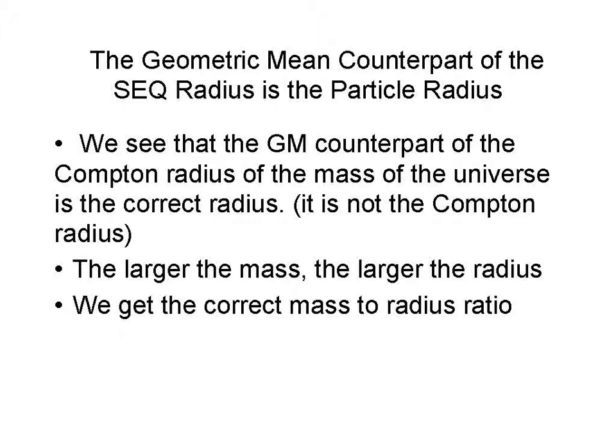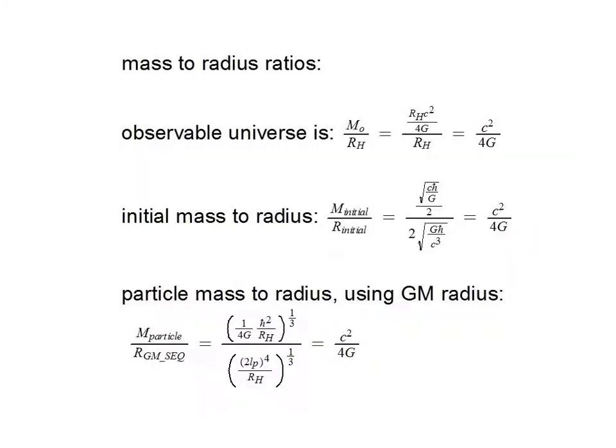And in continuing our argument that it's the geometric mean counterpart of the Compton radius that is the particle radius, we find that we get the correct mass to radius ratio when we use the geometric mean counterpart. Let's look at this mass to radius ratio. We'll start here: the initial mass to the initial radius.